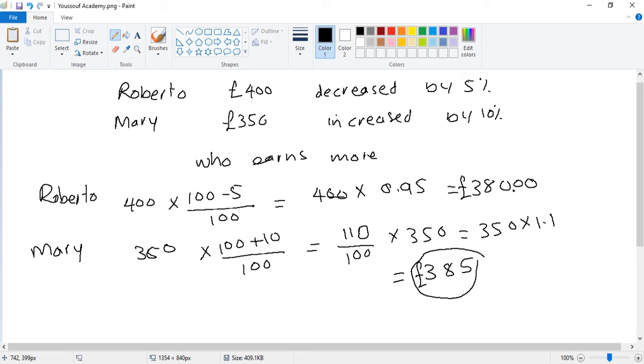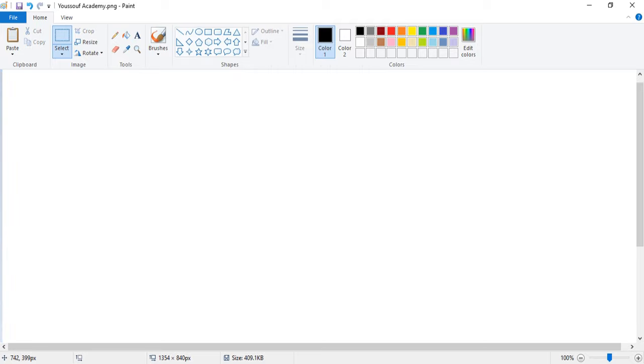This is how things work. Let us look at compound percentage change. We have a question in a different way. A colony of ants has set up home in Mr. Murphy's shed.